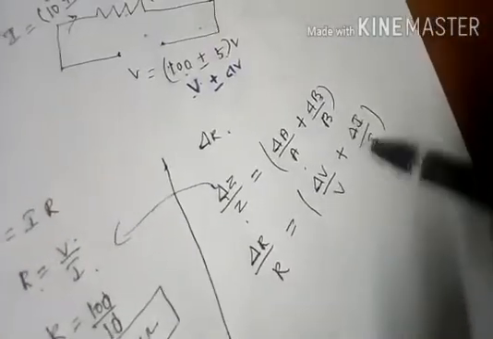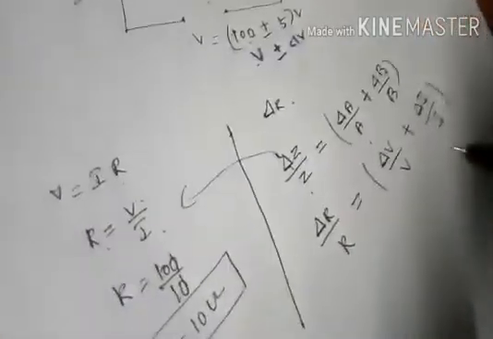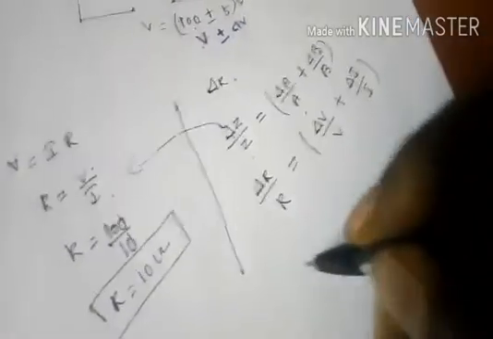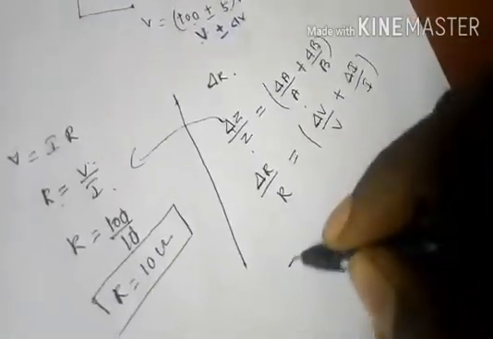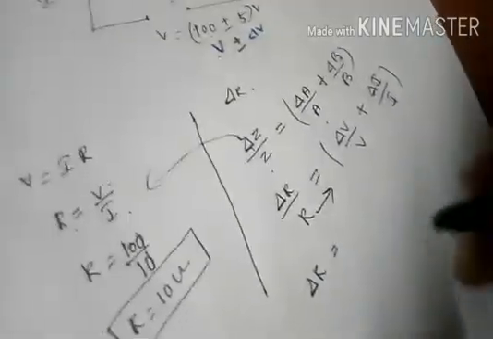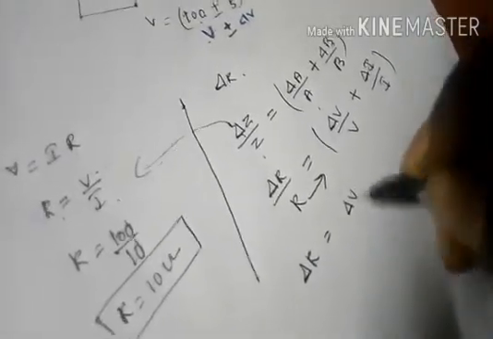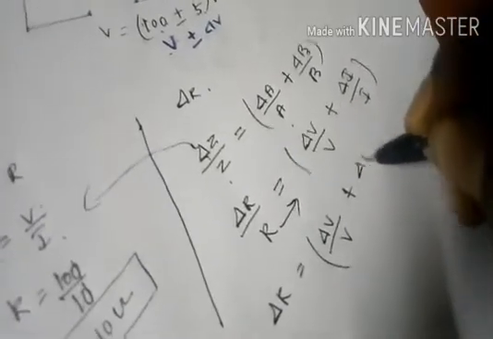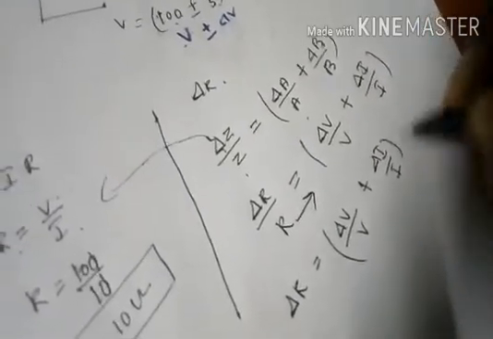So this is the formula. I want to calculate del R only, so this equation becomes del R equal to del V divided by V plus del I divided by I, into R.